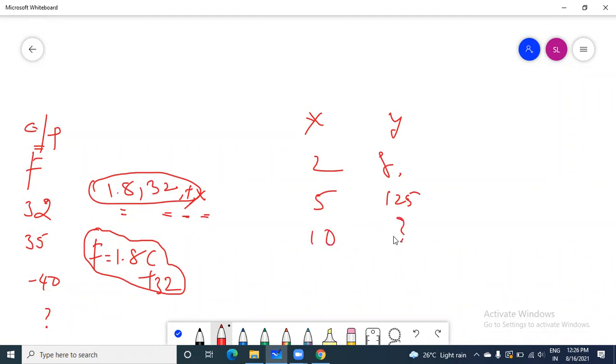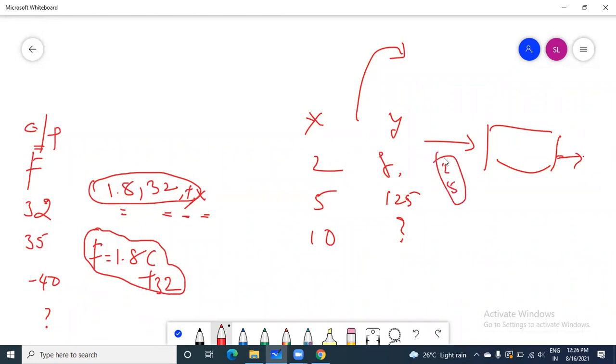You will not be able to figure out the basic relation between these two things unless you have a proper machine learning model which is fed, and it will come down to a conclusion. So in simple terms, what is this method? I am giving my input and I am also giving my output. What is my input? 2, 5 is my input. What is my output? 8, 125 is my output.